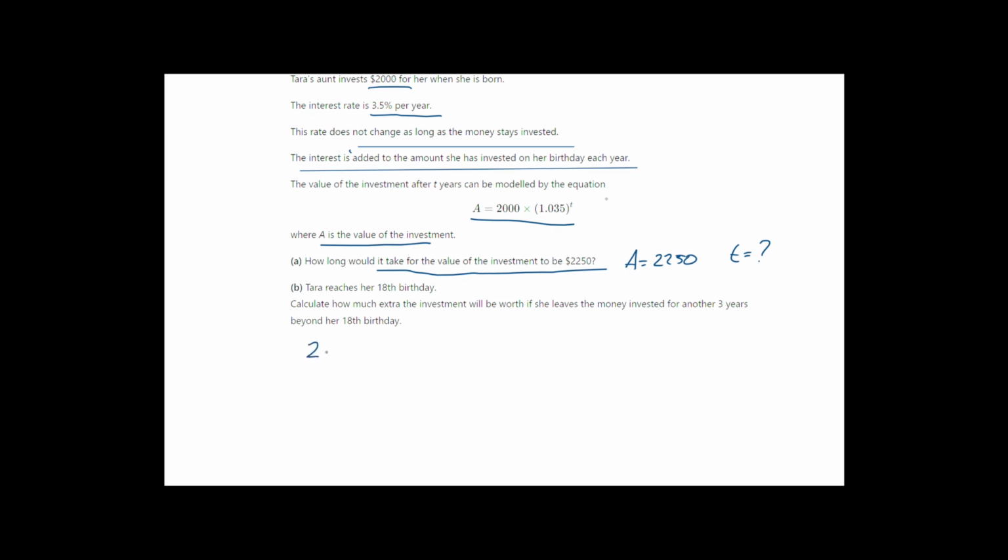So 2,250, taking it from this equation, is going to be equal to 2,000 times 1.035 to the power of T, and then solving for T. So let's do ourselves a favor and divide both sides by 2,000 before we start doing logs, and those zeros are going to cancel.